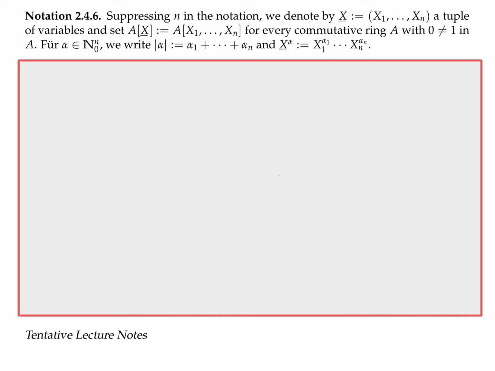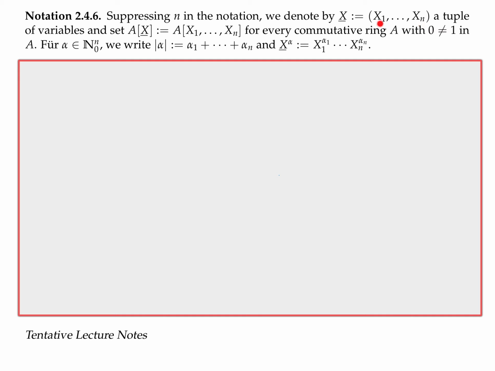almost any time now. So we often work in polynomial rings over a finite number of variables, over a field usually, right? And so the number of variables, if nothing else is said, will be n, right?